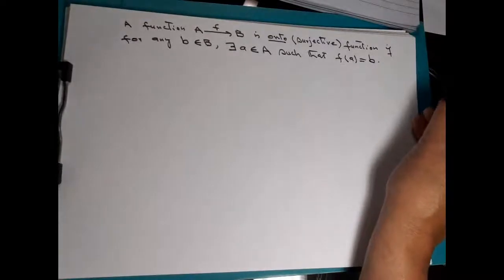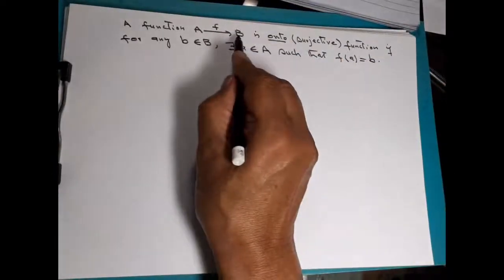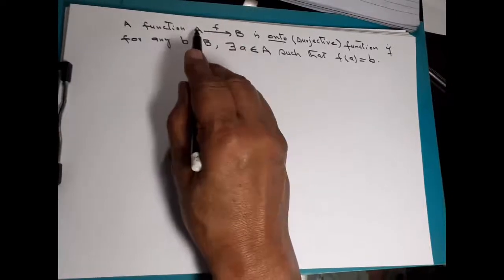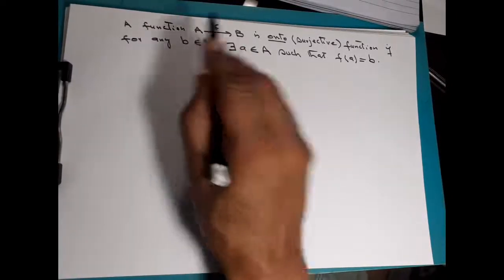This means that every element of the codomain is image of some element of domain.